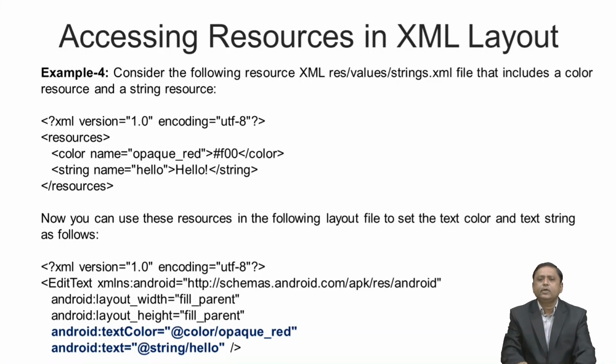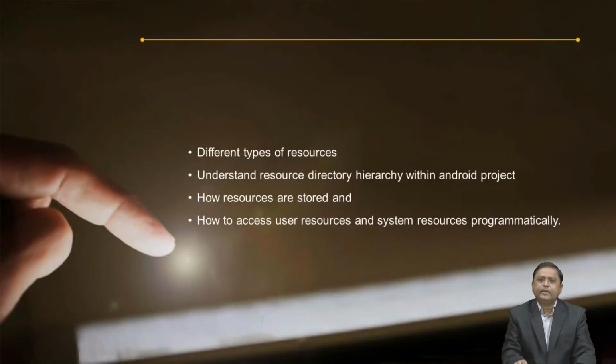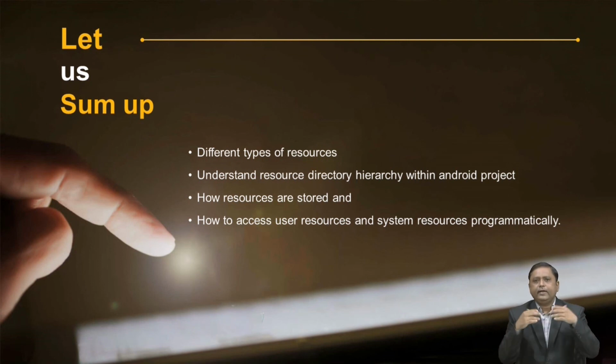So, it is very easy to use either inside XML layout or programmatically, because while we refer programmatically we use the same notation, capital R dot then the subdirectory and then dot and then whatever file name is there we can use. So, this is how we can access a resource either at design time or programmatically.